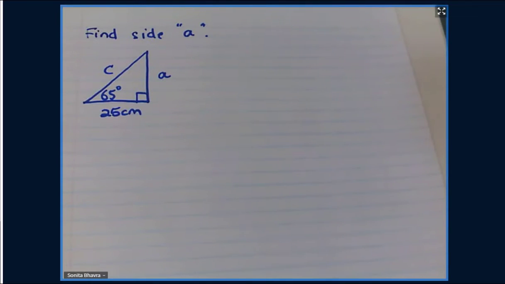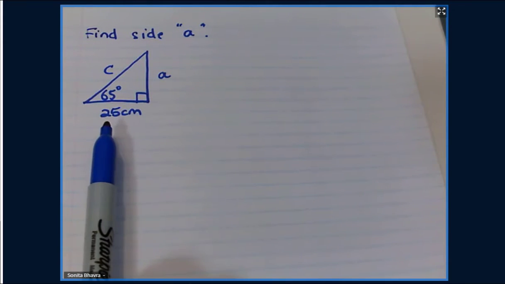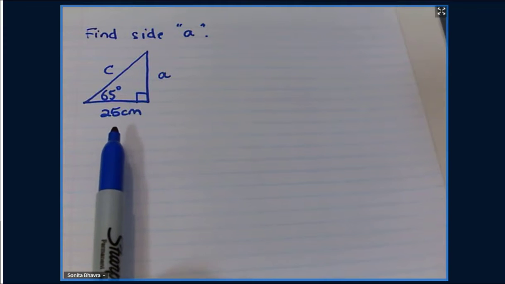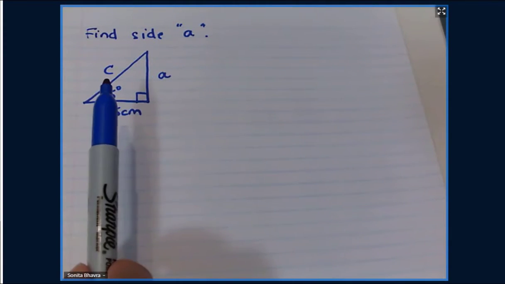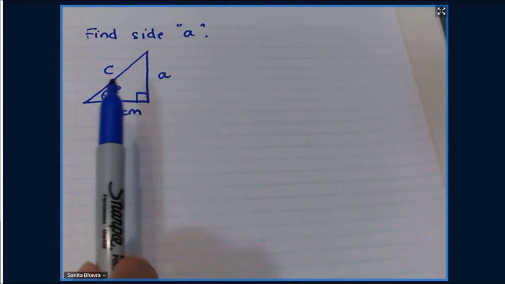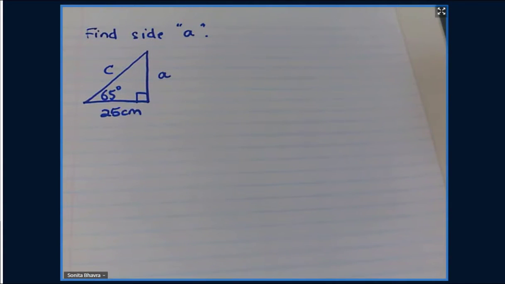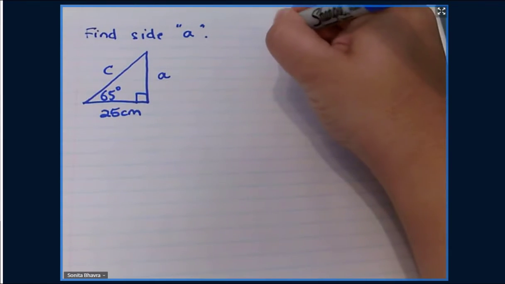All right, so let's take a look at this next example. So we have a triangle here, and we are given one side, 25 centimeters, and we're missing two sides here, A and C, and we're given one angle, 65 degrees. So the question asks us to find side A. So let's start by writing out our SOHCAHTOA.